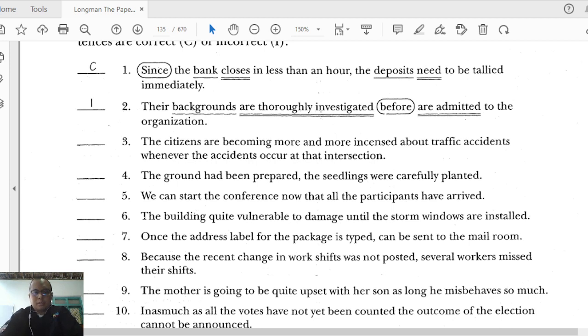So here number 3, the citizens are becoming more and more incensed about traffic accidents whenever the accidents occur at the intersection. So the citizens, subject, are becoming, verb, more and more incensed about traffic accidents.